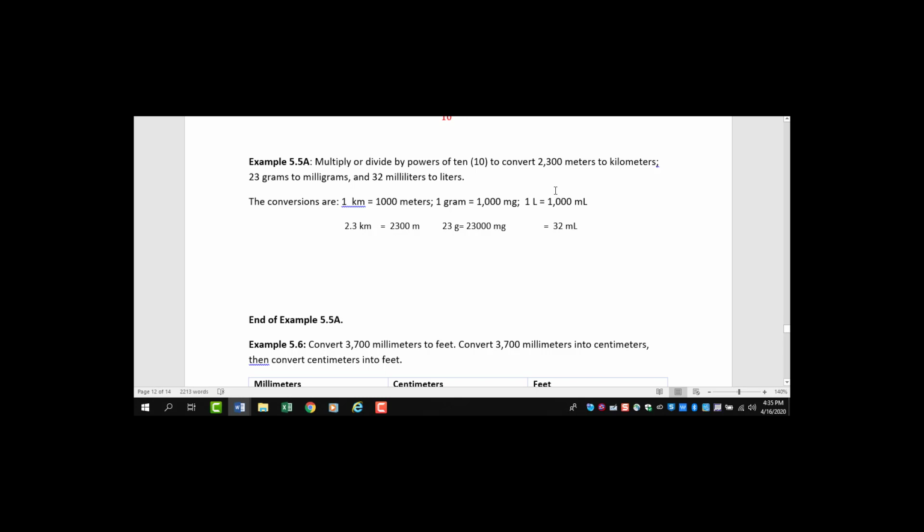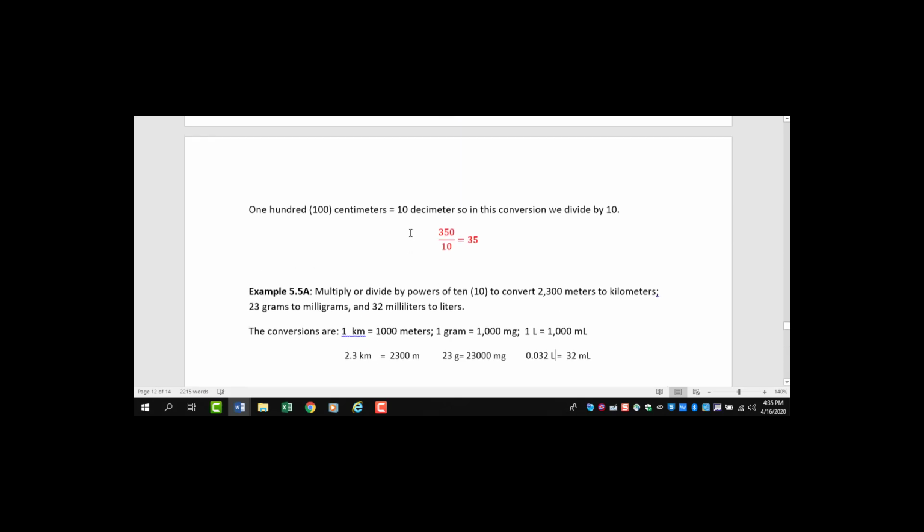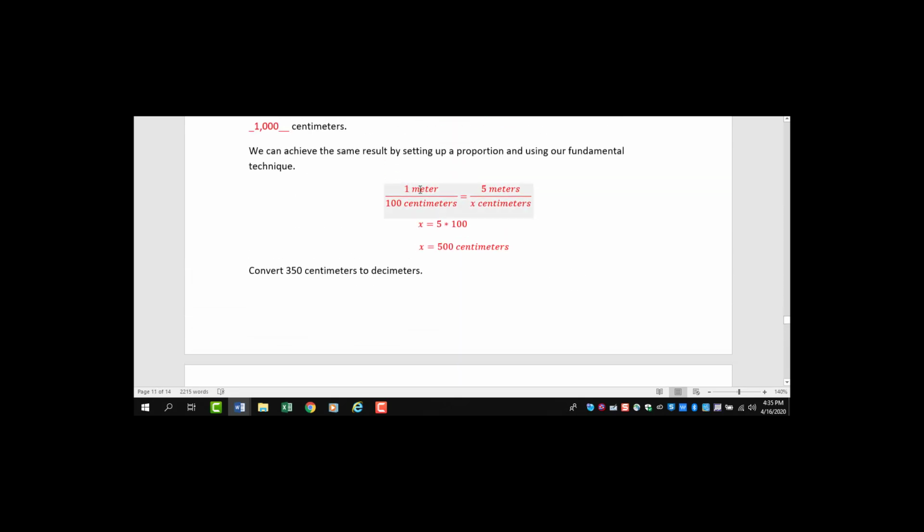How do I go from milliliters to liters? I divide by 1,000. So I divide 32 by 1,000, and it moves the decimal 1, 2, 3 places. Now, can you do these with the proportion? Sure, just like we did up here, right?